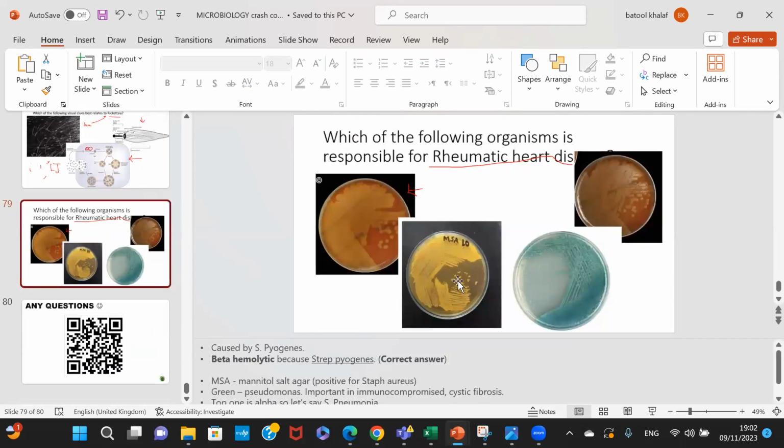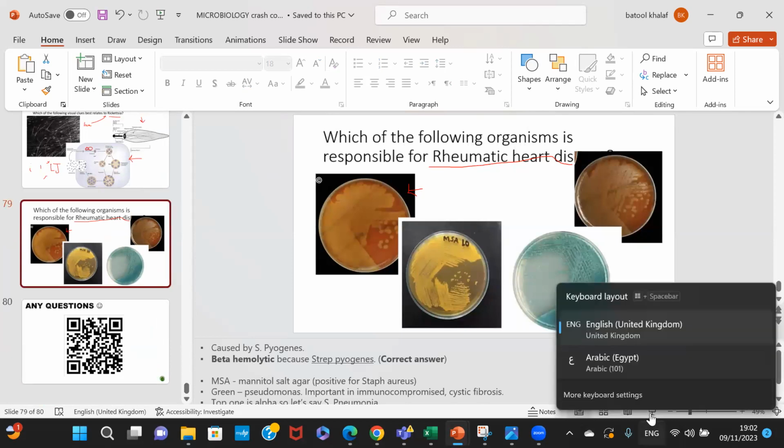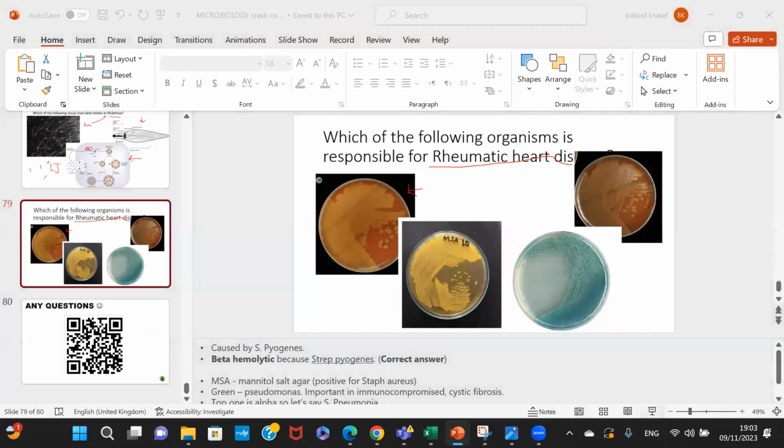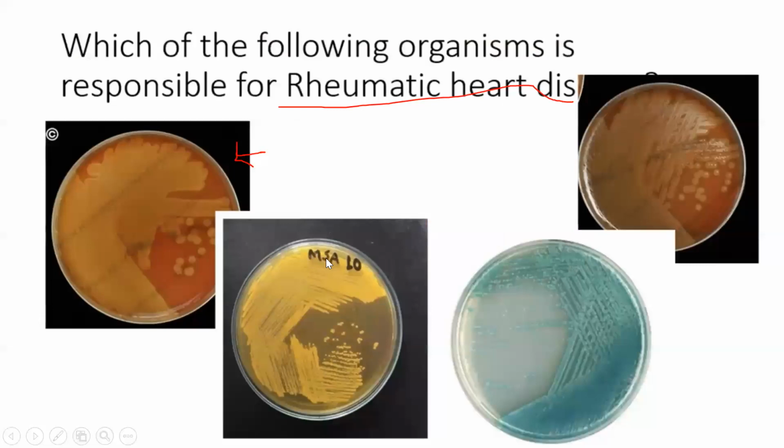Okay, what is this here? It says mannitol salt agar, and it's yellow. So does yellow mean positive or negative on mannitol salt? Positive, exactly. What was the other agar where pink was positive?